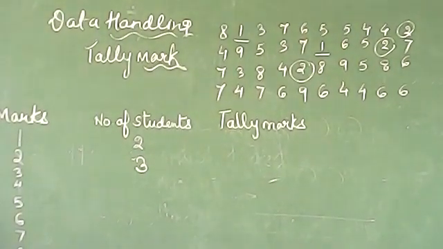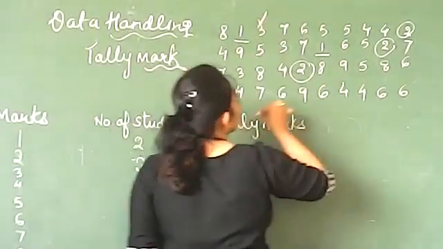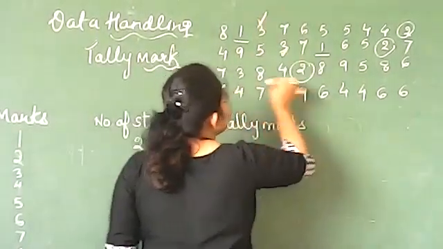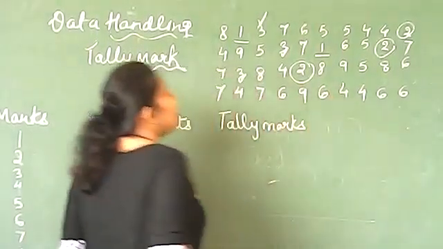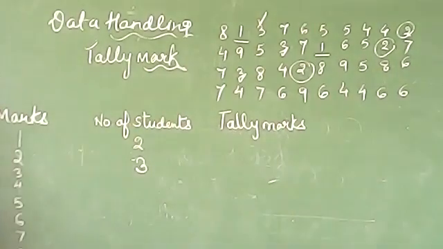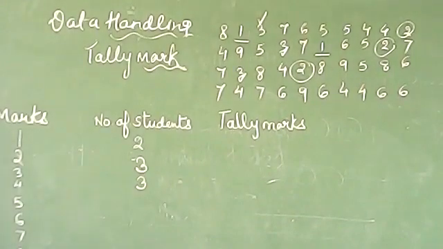Now let's talk about 3 marks. 1, 2, 3. Only 3. It means 3 is also repeating 3 times. So we will have 3 marks, and 3 students have got 3 marks.